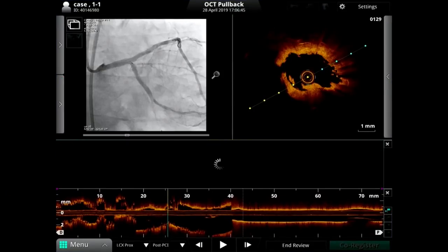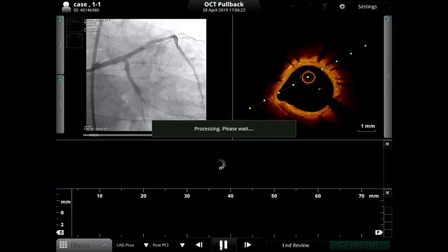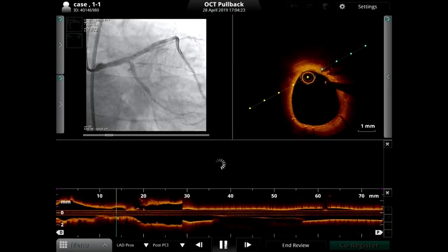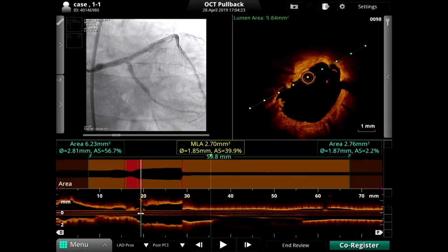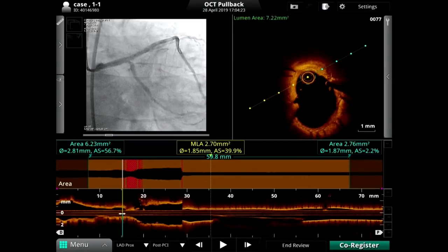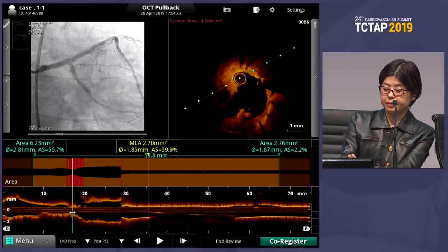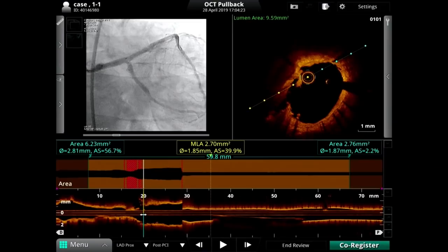Can you show now the LAD? Quite good, acceptable. Here we see tissue, a little bit more proximally at 9 o'clock, the filling defect which we see by angio, and also at 6 o'clock, but it still remains okay.